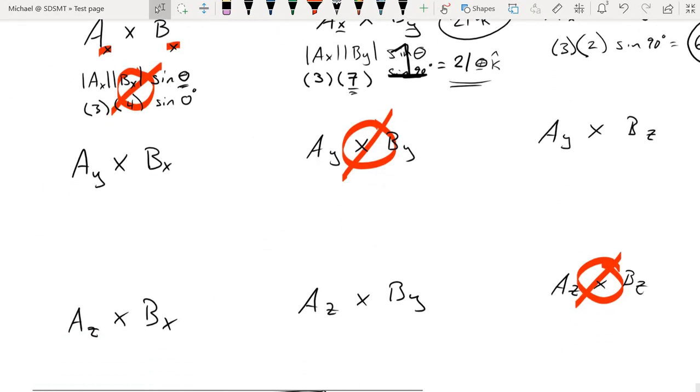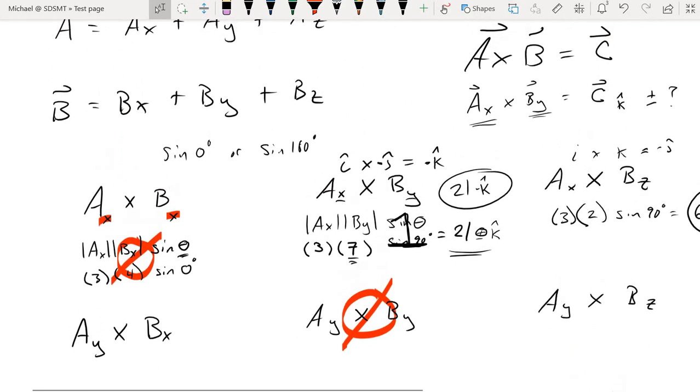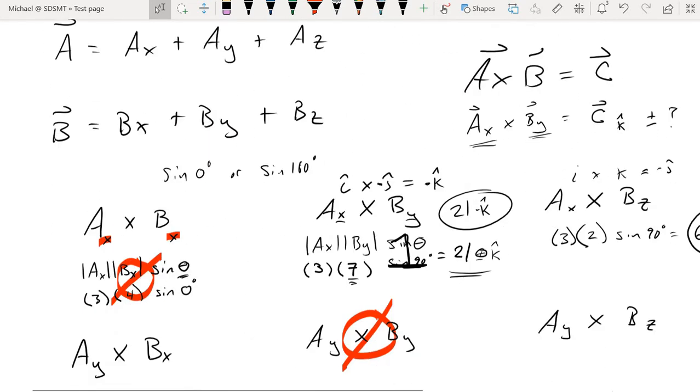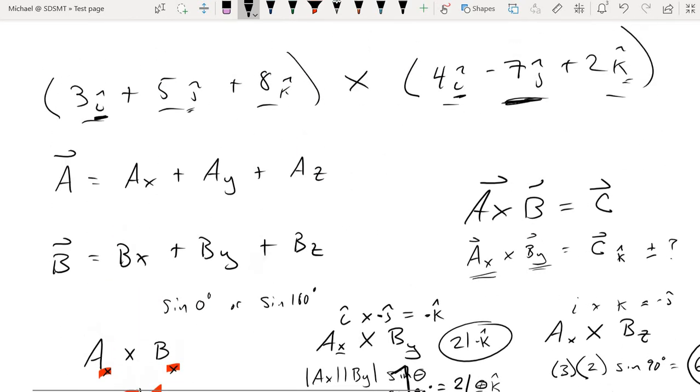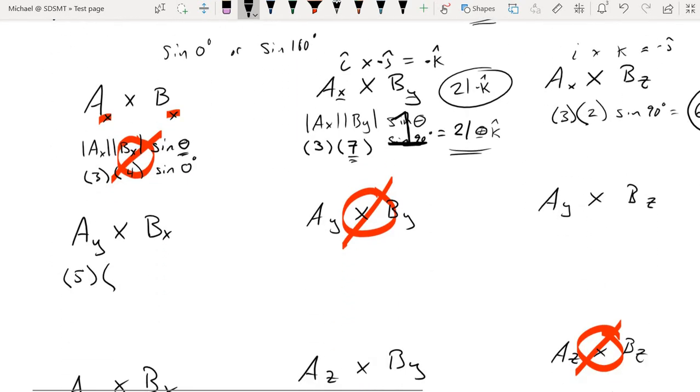AY cross BX. So AY has a magnitude of 5. BX has a magnitude of 4. Both of those were positive components.